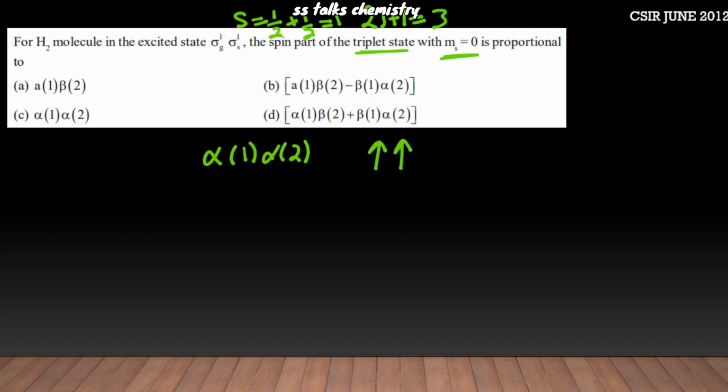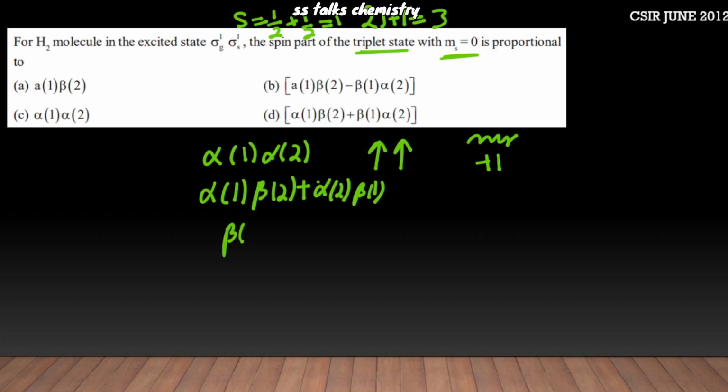For this the total spin value ms, if you find it out, is plus 1. Next is alpha 1 beta 2 plus alpha 2 beta 1, and the third part is beta 1 beta 2. So beta 1 beta 2 means both are in the downward direction. The spin value will be minus half minus half, that is minus 1.